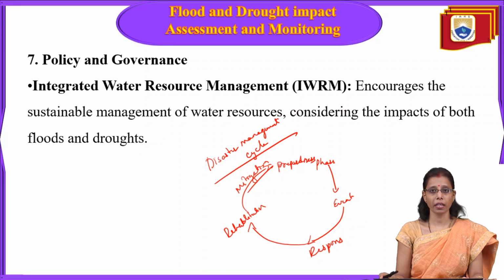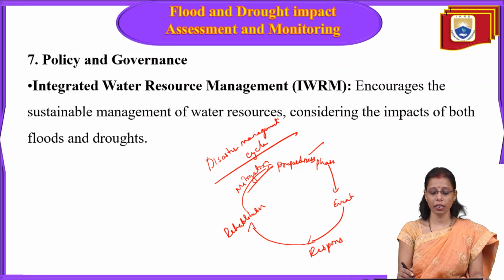This is how the cycle is followed to manage flood and drought impacts. Preparedness is always taken in these policies. The government gives guidelines to take care of such conditions whenever they occur. To manage water resources sustainably and consider the impacts of both flood and drought, we have to be prepared.